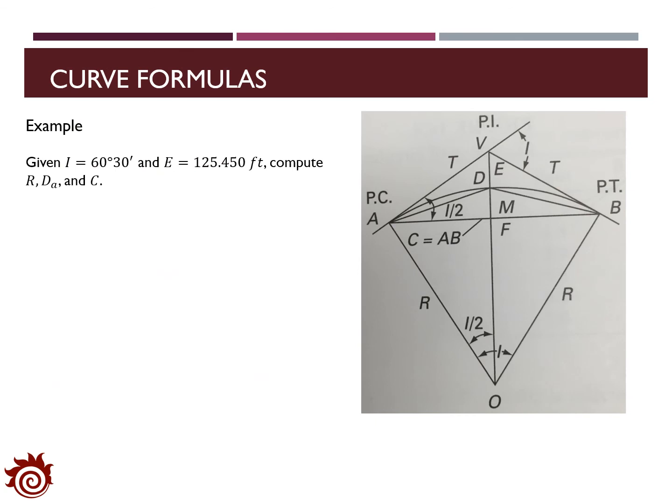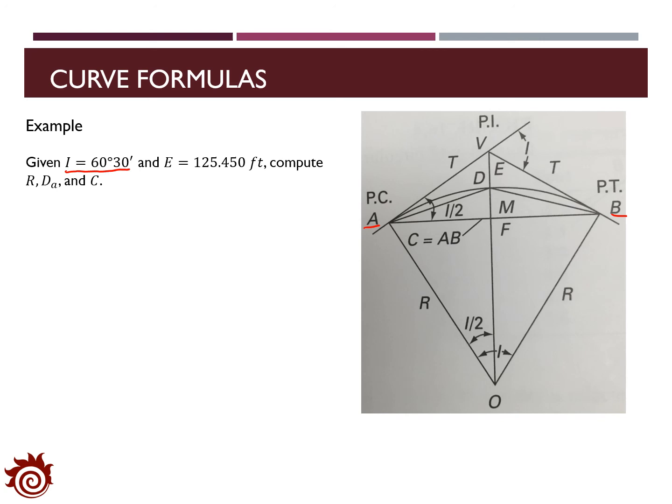Finally, let's check one example to see how we can use the proposed curve formulas for the estimation of the variables applied for the design of the horizontal curves. In this example, we are assuming that the intersection angle of one curve from point A to B is given as I equal to 60 degrees 30 minutes.